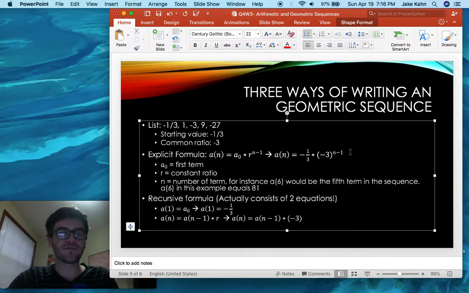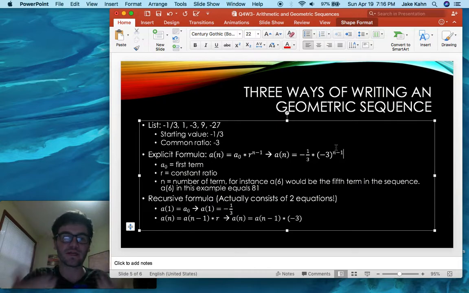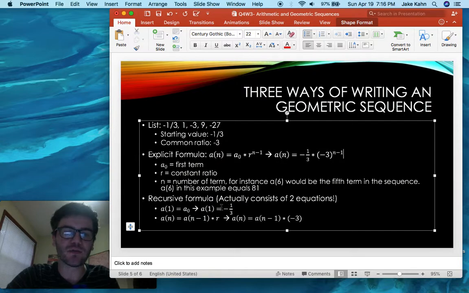And then a recursive formula, again, remember that recursive formulas actually consist of 2 equations. You have a starting condition, and then you have an equation that expresses how you get to the next term. So here, if we were writing a recursive formula for this geometric sequence, you would write a of 1, the first term, is equal to -1/3, obvious.